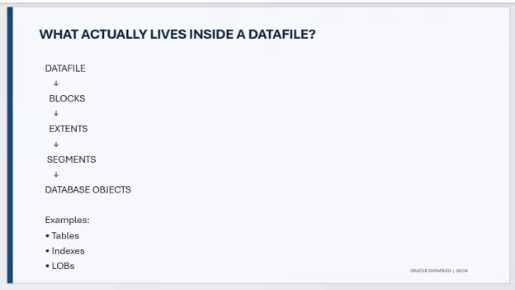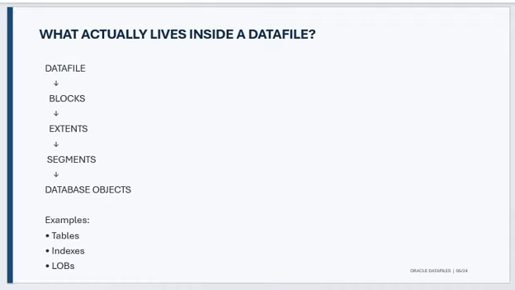What actually lives inside a data file? Now we need to go one level deeper. A data file is not simply a giant text file containing rows. Oracle organizes the space inside the data file into Oracle data blocks, as we already studied in the logical structure. Blocks are the fundamental units through which Oracle manages database storage and I/O.